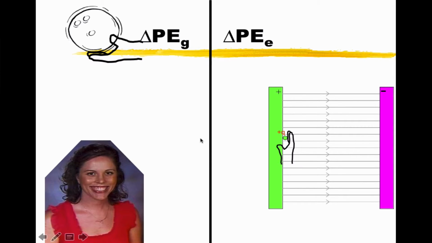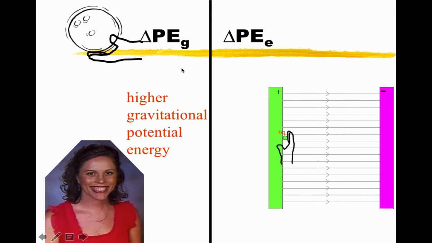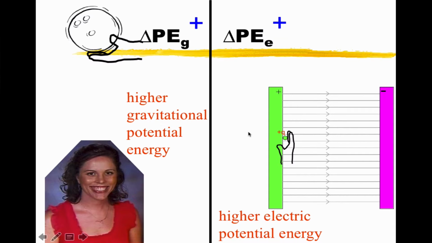So the change in gravitational potential energy in this case is positive. We brought it from a low potential energy to a high potential energy. Likewise, this change in electric potential energy for this little positively charged object goes from low potential energy to high potential energy. So the change in potential energies for both objects is positive.